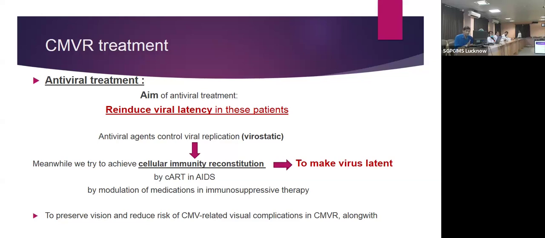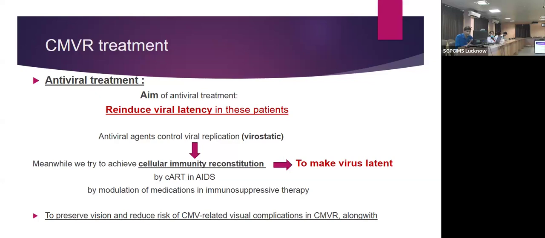one thing is the antiviral agents, and simultaneously, recently we have tried to reinforce the cellular immunity once again, so that the virus is made latent by immunity itself. So there is a two-pronged approach. But cellular immunity reconstitution is still in its infancy, and antiviral drugs are the most common way of controlling viral replication.